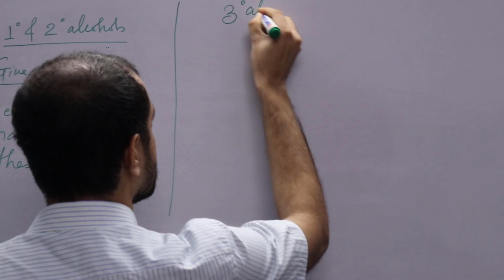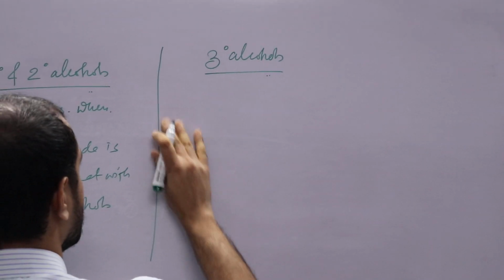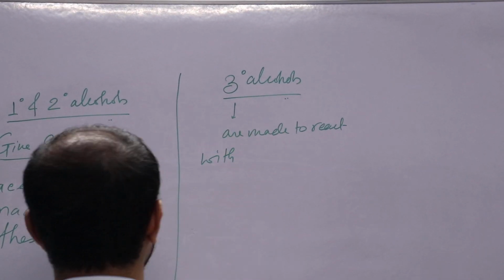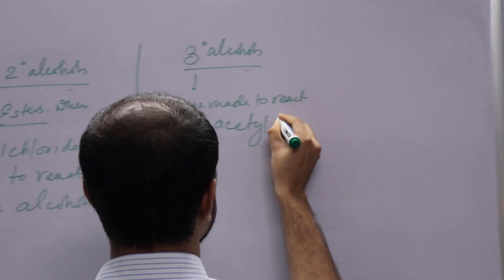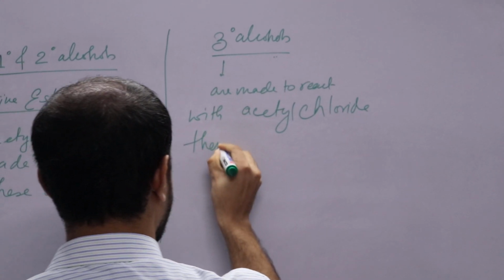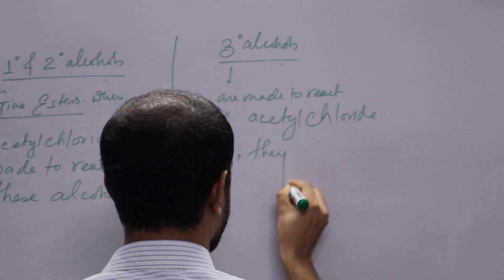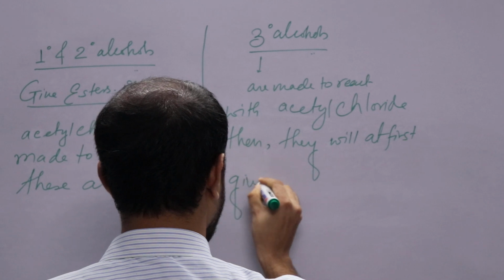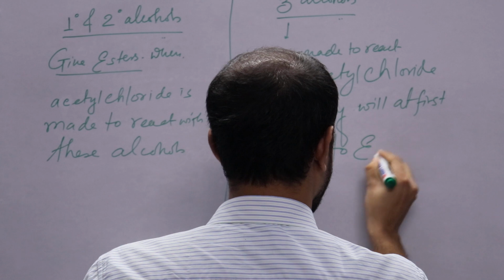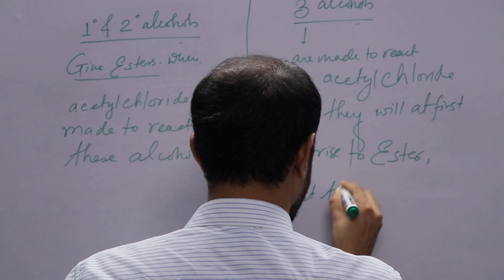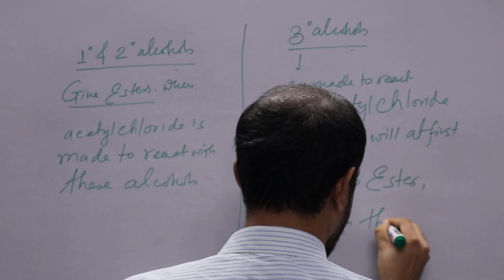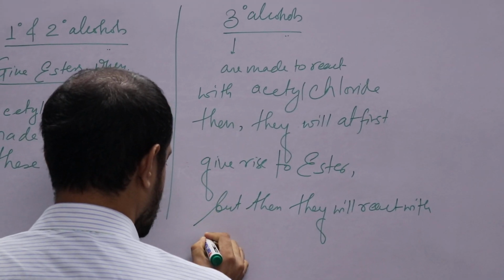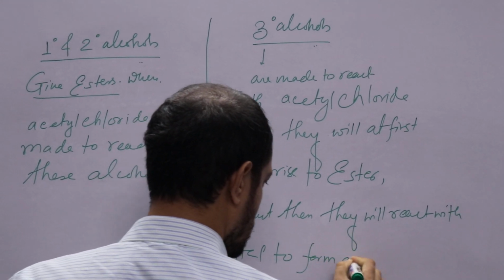But when 3 degree alcohols are made to react with acetyl chloride, then at first they will give rise to ester, no doubt, but then they will react with HCl to form acid.